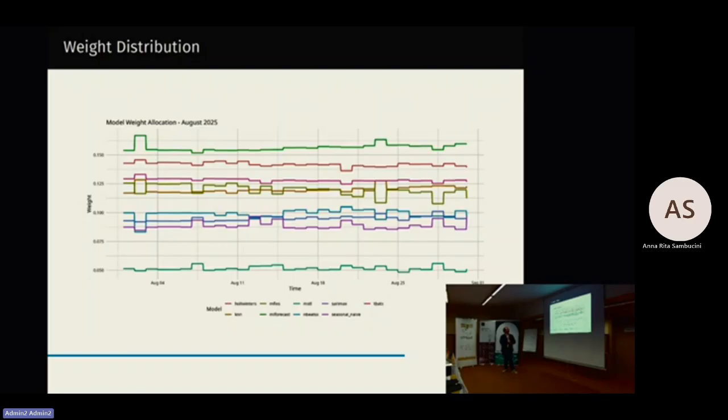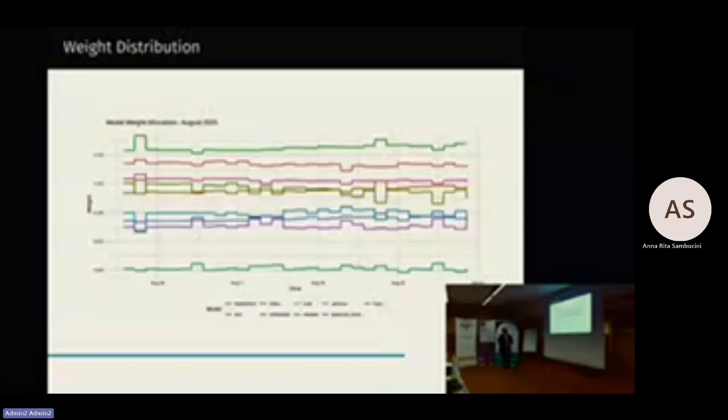We have increases in weights here, decreases in weights here. Here we have a disparity between the ML forecast, the LightGBM, and the Holt-Winters, and they try to alleviate each other's strength and weakness profile. And at the bottom, you see we have a purely statistical model, the MSTL model.